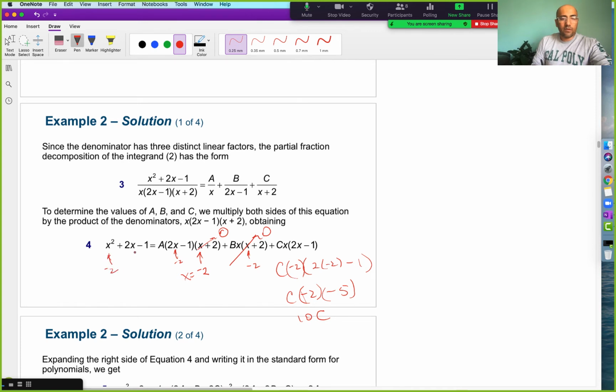Plug in a -2 there. We'll end up with 4, since -2 squared is 4, minus 4, minus 1, so these cancel. So after all of this work, we end up with -1 equals 10C. Divide both sides by 10, and again we conclude that C must be equal to -1/10. So see, we got the same answer.